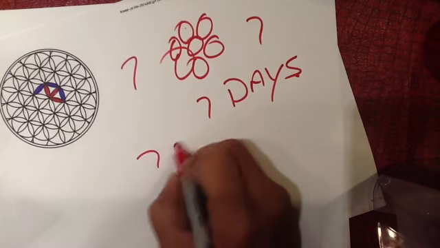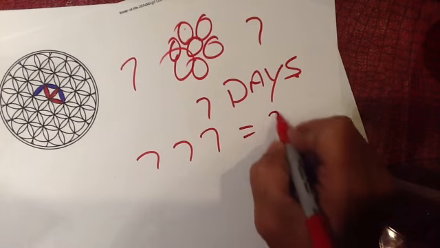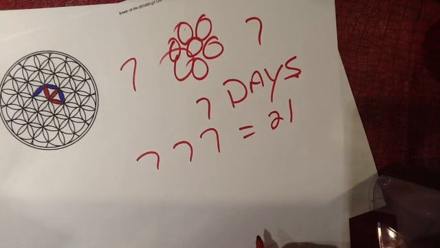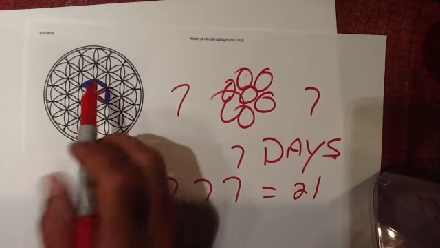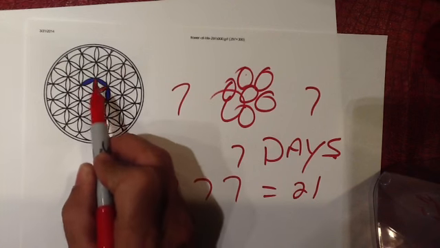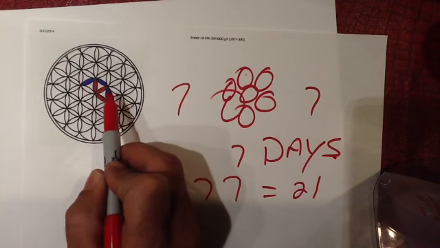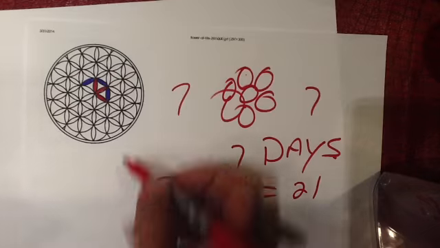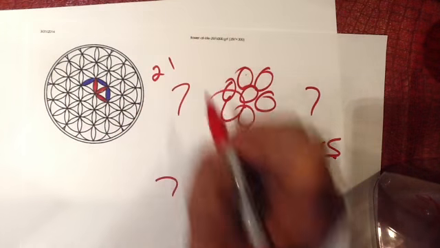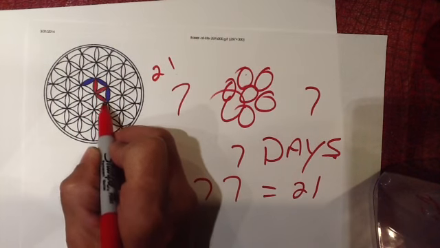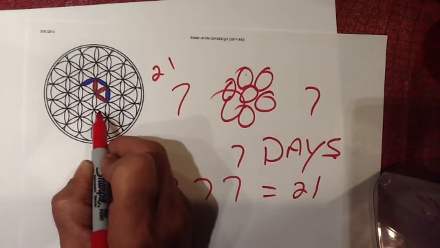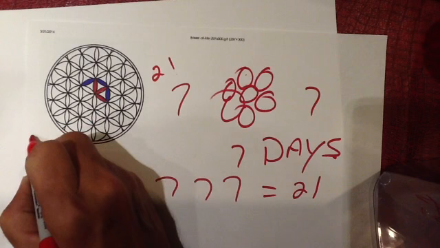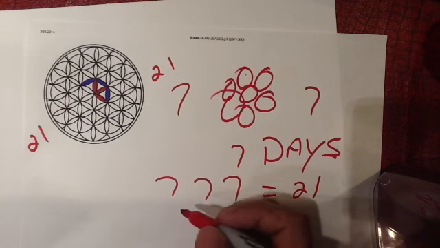There is 777. It's 21. So when you look at the flower of life, this is a 7. This is a 7. This is a 7. 3 7s, 21. There's 3 other 7s. See, I didn't color these. 3 other 7s, and they are 21.